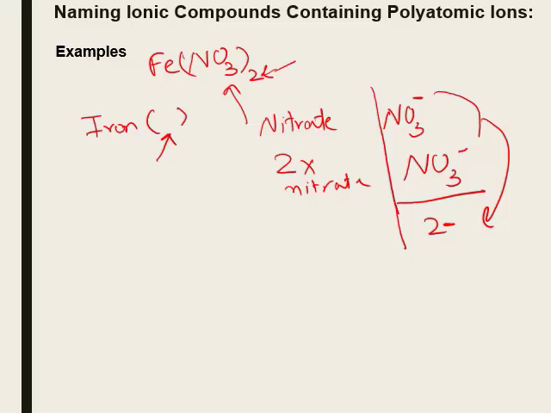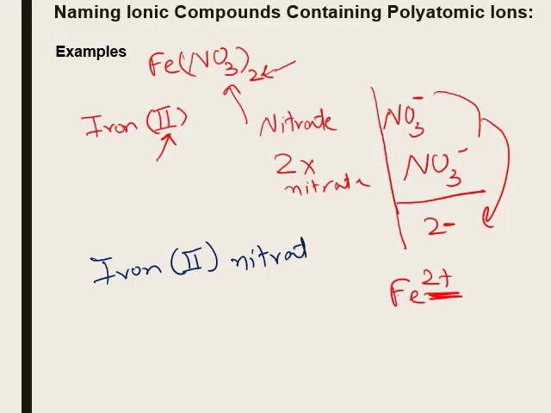Hence iron is 2 positive. So we know now iron has 2 plus. So in the parentheses it will be 2. So the name of this compound is iron(II) nitrate.